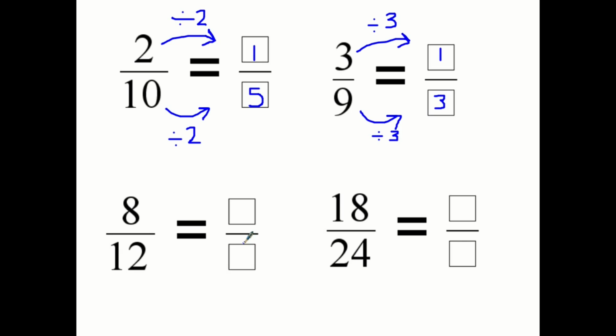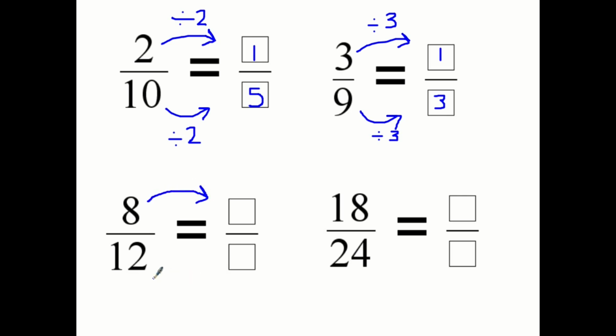8/12. What's the highest number that divides into both 8 and 12? Well, the highest common factor of 8 and 12 is actually 4, so we're going to divide through by 4. Now, I just want to say one thing. Lots of students do this in a number of steps.